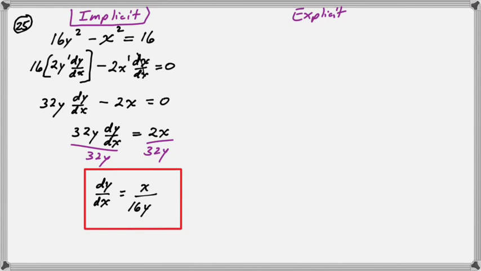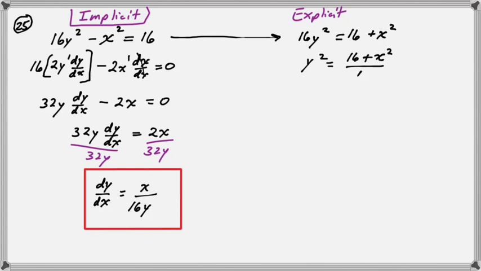So how would I solve this thing for y? I think I would add the x squared over first, right? Would that make it into 16 plus x squared? Then I would divide by 16, which would give me this over 16. Then I would take the square root of the top, which I can't do anything with, and the square root of the bottom, which is 4.